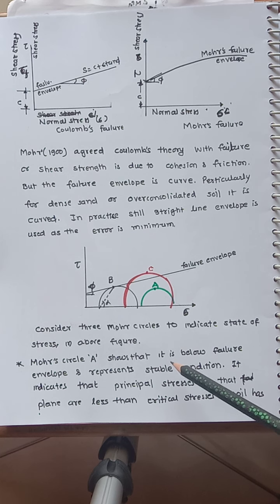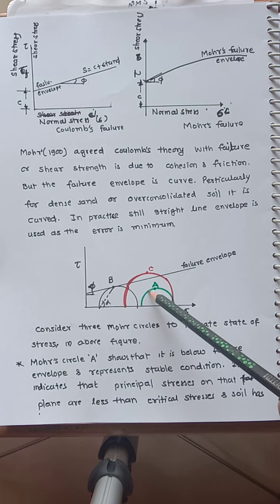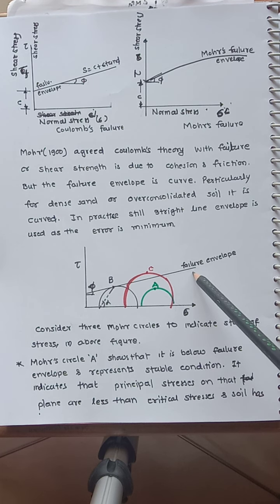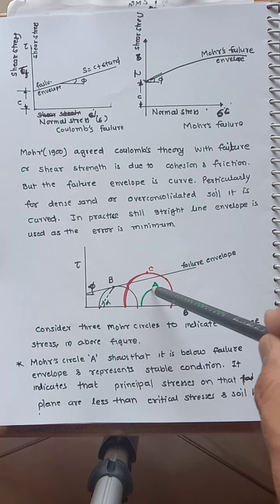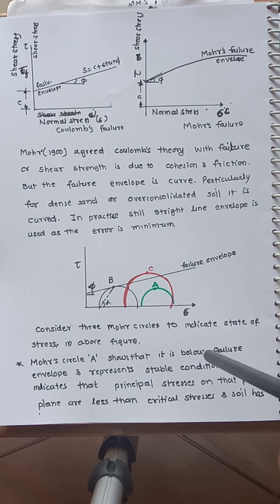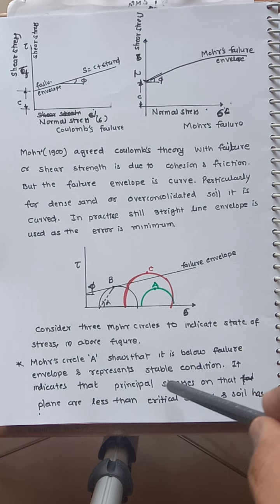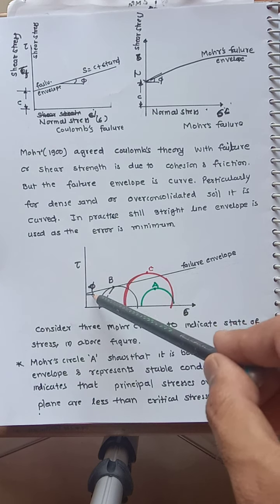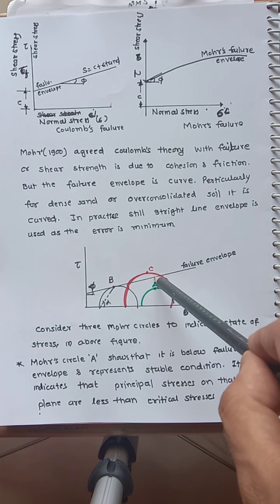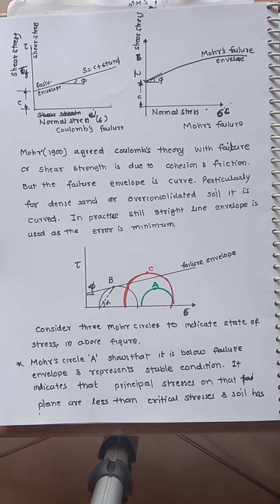Now Mohr circle A, this green one, is below the failure envelope. This is called the failure envelope, S is equal to c plus sigma tan phi, the Mohr-Coulomb failure envelope. A indicates that the principal stresses on the plane are less than the critical stress. Anything which touches any point on the failure envelope indicates failure.